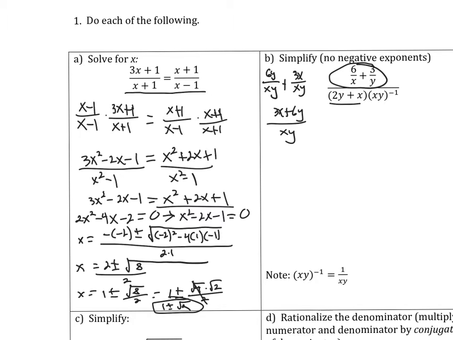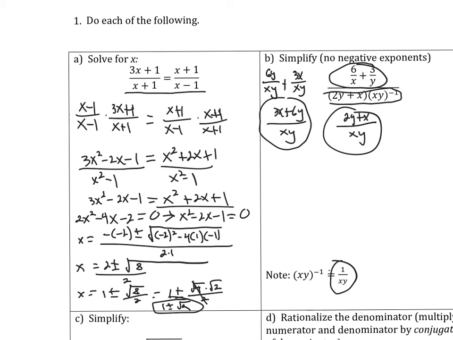Meanwhile, if we rewrite this denominator as 2y plus x over xy, because xy to the negative first, as we see, is just 1 over xy. And so now this is our numerator, this is our denominator. We have 3x plus 6y over xy over 2y plus x over xy.